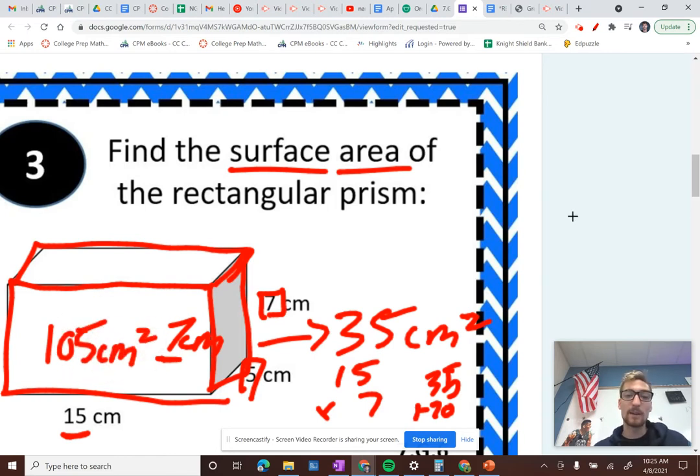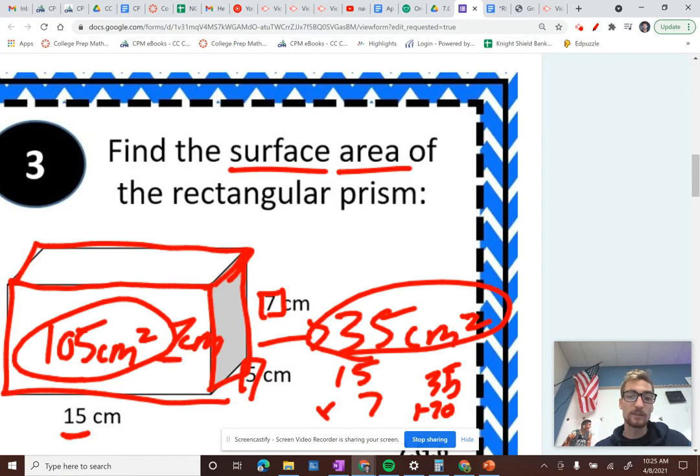And so now I can take my 105 centimeters squared and my 35 centimeters squared, and I can add those two together. And then I also have to figure out what the surface area of that side is. And then imagine if you flip the shape around, what would the other side be? And what would the underside surface area be?